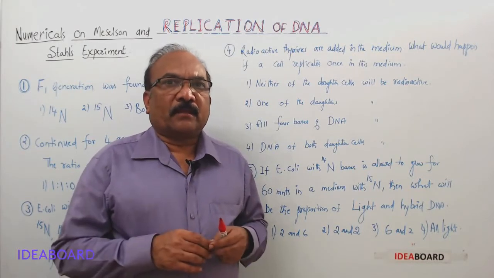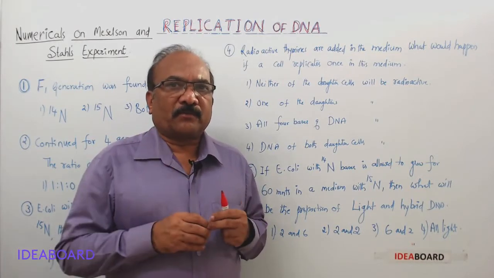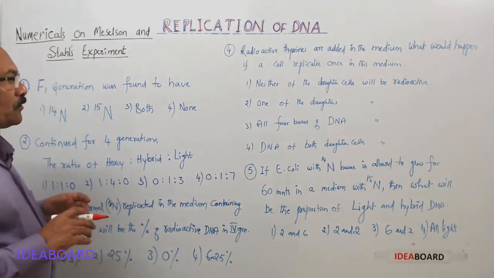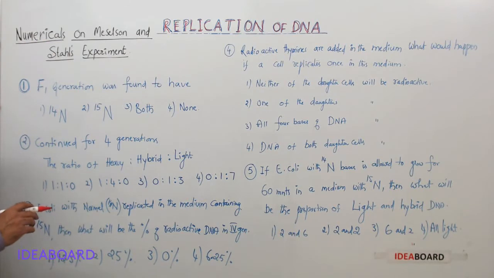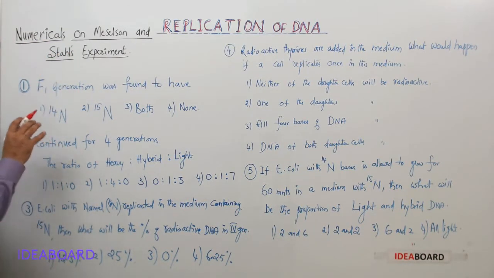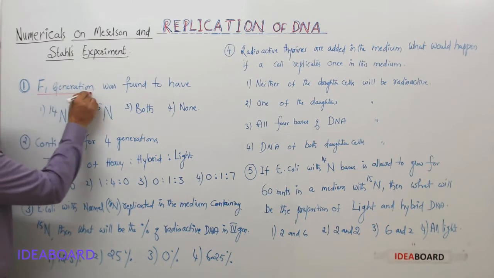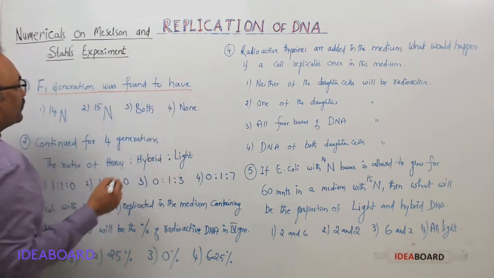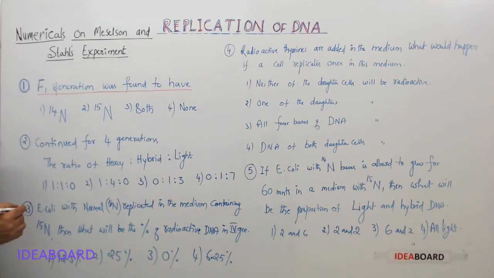So now let us see some problems. The first one: in Meselson and Stahl's experiment, the F1 generation was found to have what DNA?